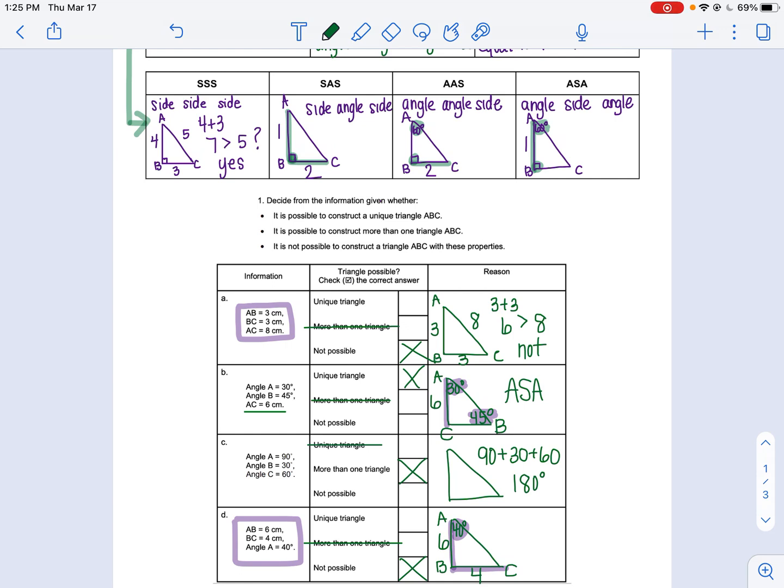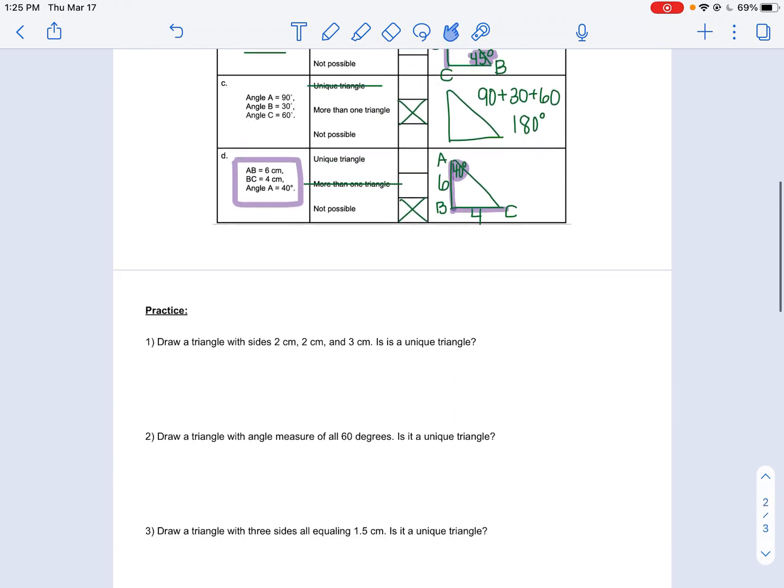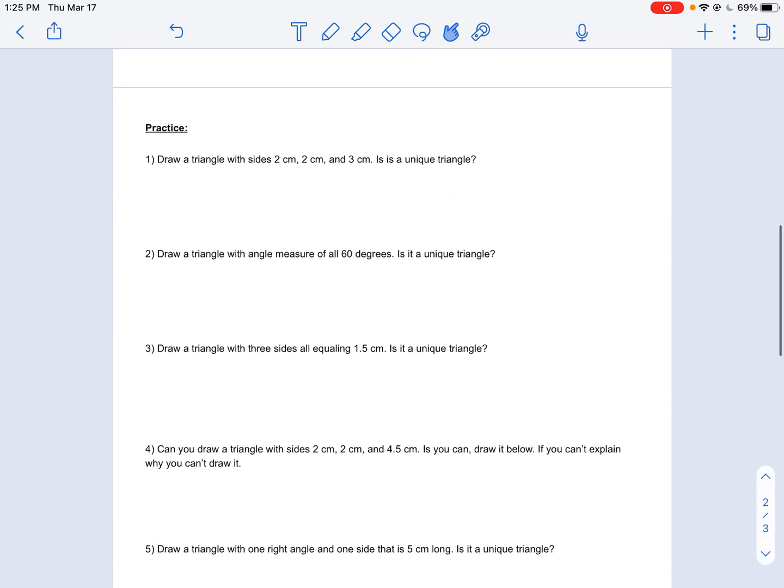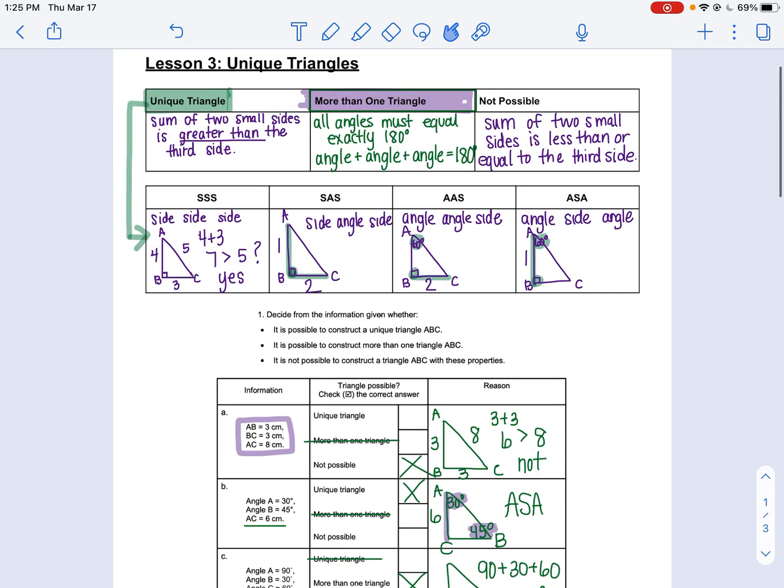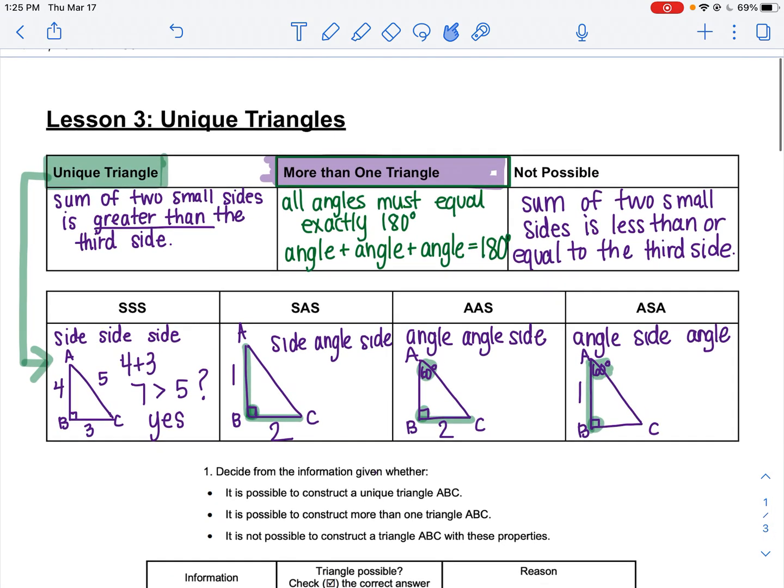All right, so you kind of have some variety of those examples. So what you're going to do in your practice is there are 5 problems and you are going to need to draw first, like I did in mine, and place all the measurements or angle measures or sides together before you consider, am I dealing with more than one triangle, all angles, or am I dealing with unique triangles and I need to pick one of these 4 properties, and if they don't exist, it's just a not possible triangle.